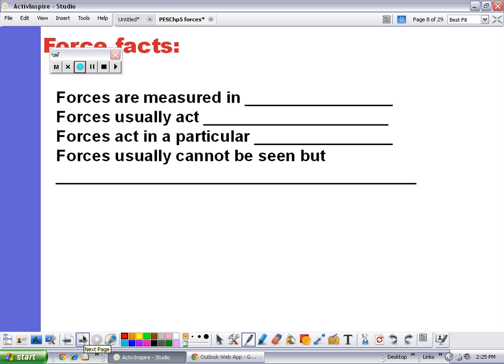Forces are usually measured in newtons, abbreviated with a capital N. And forces usually act in pairs, you think about if there's a push, there's a pull. And forces will act in a particular direction.